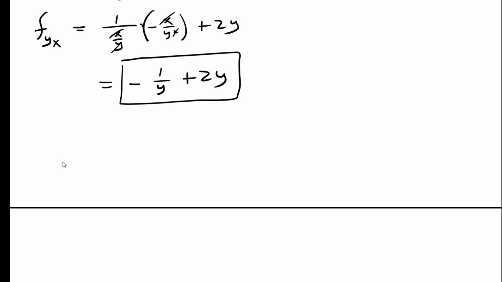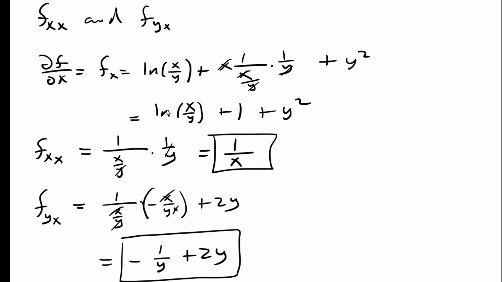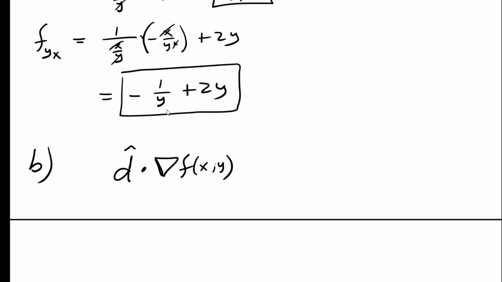So for the directional derivative, remember the way we do this is d hat dot gradient f(x, y). Okay, so d is the direction vector and it needs to be a unit vector. This is obviously the gradient at the point x, y. So it gives us the function and we can figure out the gradient.